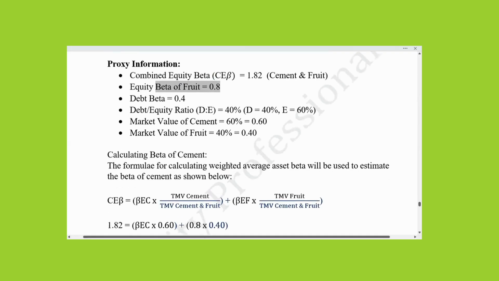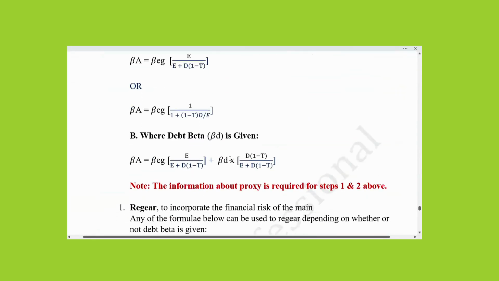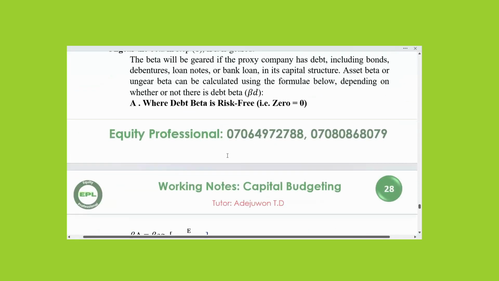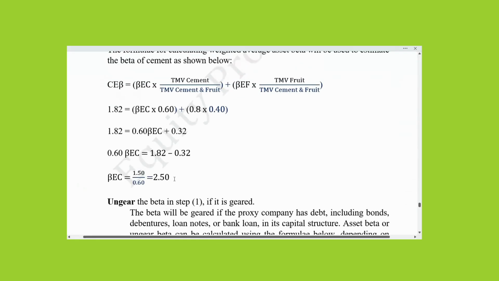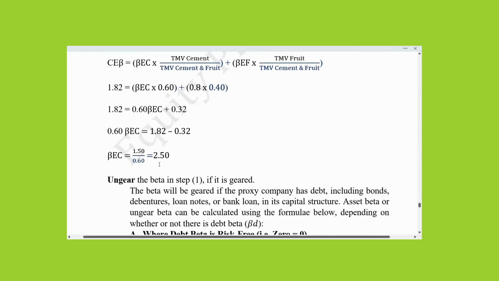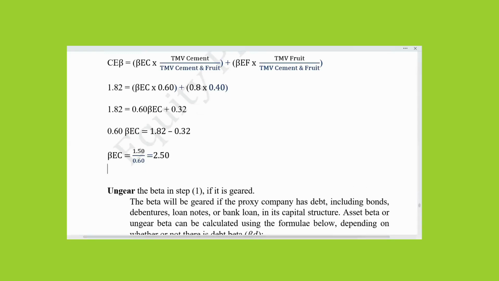Beta of fruit is 0.8. Yeah. So I think we are right. It's the same thing we get in the Golden Book. So what I'm saying is that the beta of fruits is 0.8, which when you multiply this, gives 0.32. It's what it is. So it's 2.5. Let's move on.